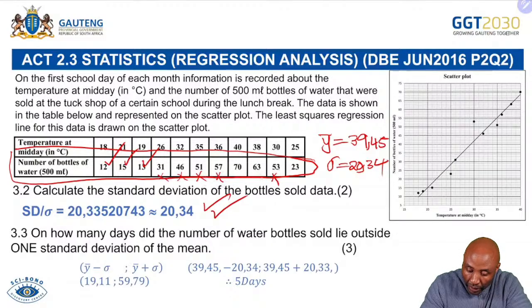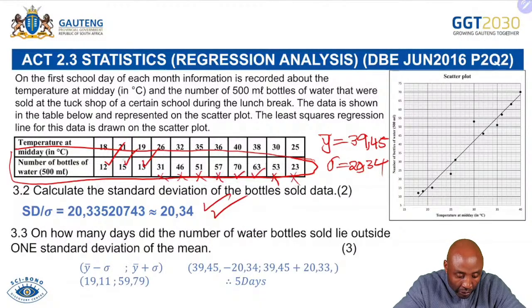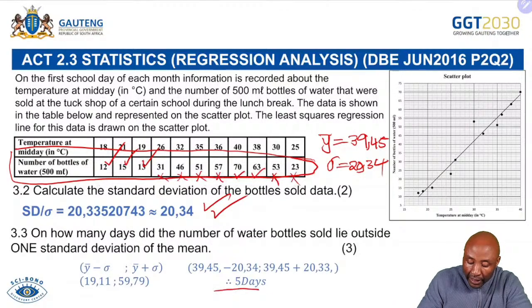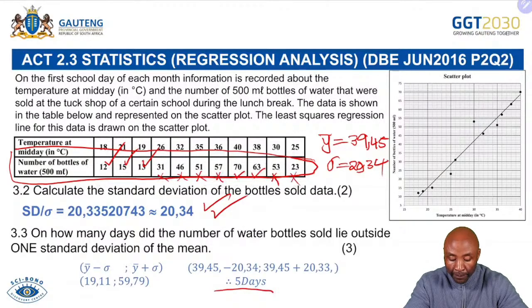So we are left with 70, 63, and 23 is within. So we count, we are going to have 1, 2, 3 that have ticks, 4, 5. So it means on 5 days, the number of water bottles sold were outside one standard deviation to the mean.